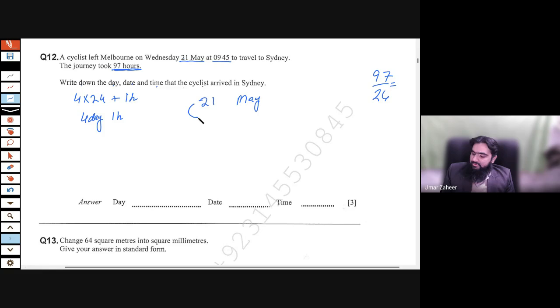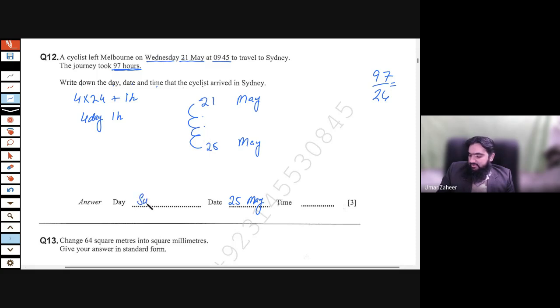21st May, 22, 23, 24, and 25th May. So the date is 25th May, and the day, he leaves from Wednesday. So Wednesday to Thursday, Friday, Saturday, Sunday.